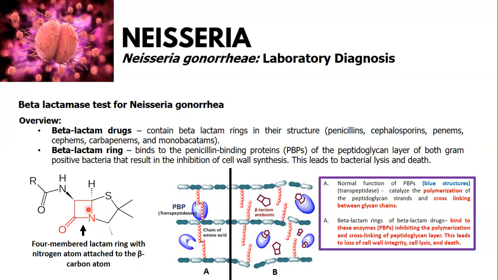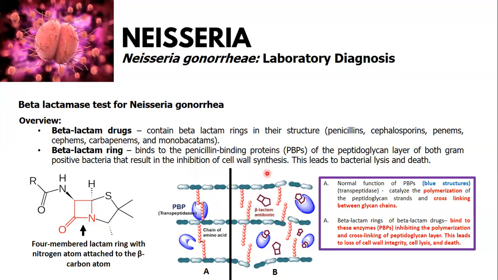And what does this beta-lactam ring do? It binds to the penicillin binding proteins of the peptidoglycan layer of both gram-positive and gram-negative bacteria. And the binding of the beta-lactam ring to the penicillin binding proteins would result in the inhibition of cell wall synthesis.